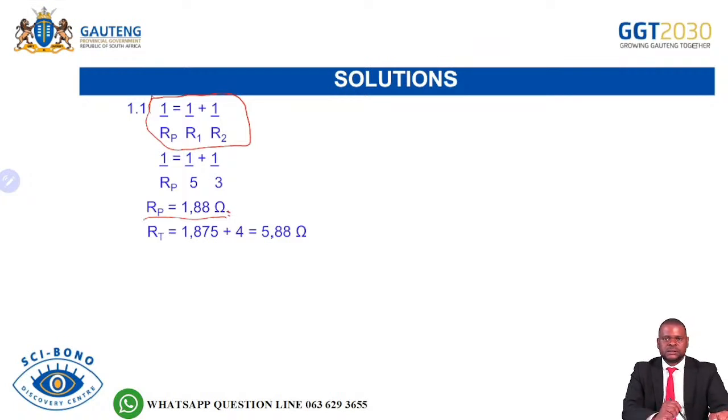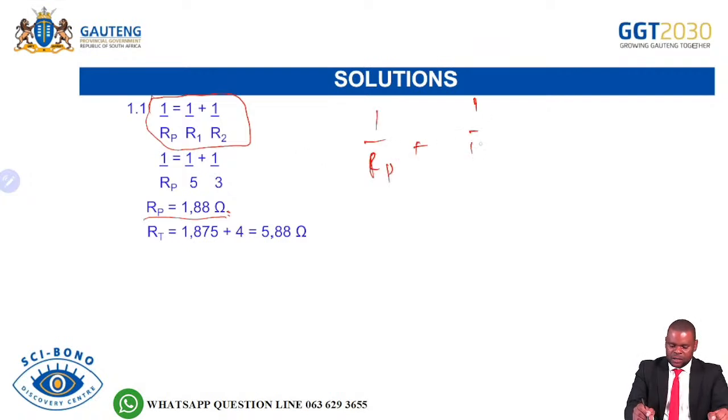First, you say 1 over Rp equals 1 over 5 plus 1 over 3.